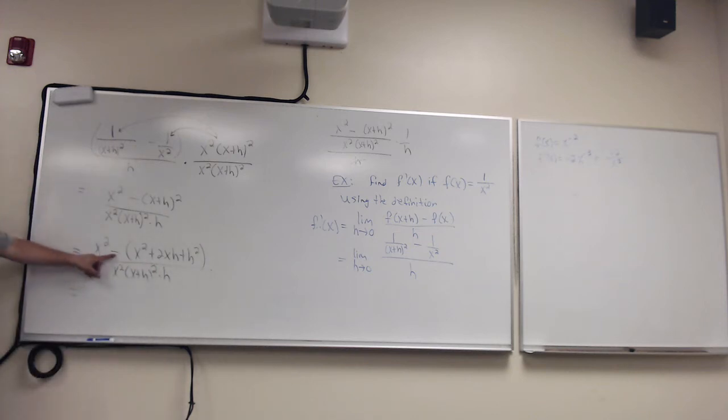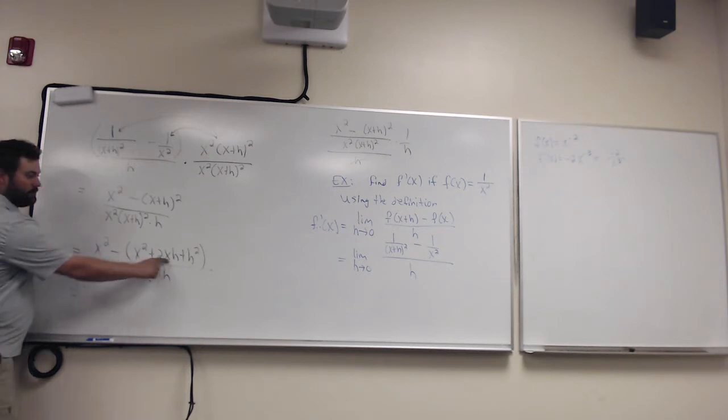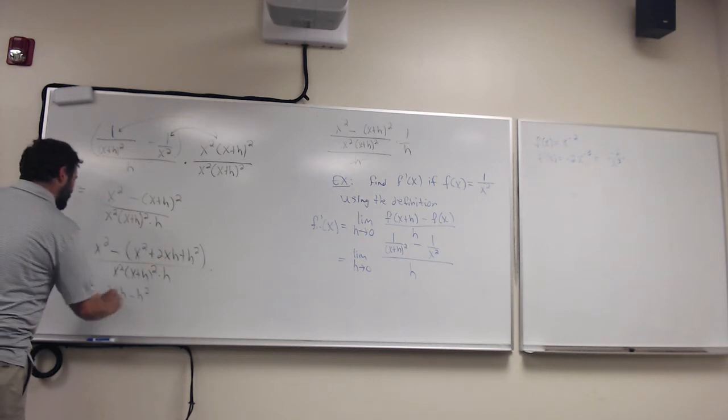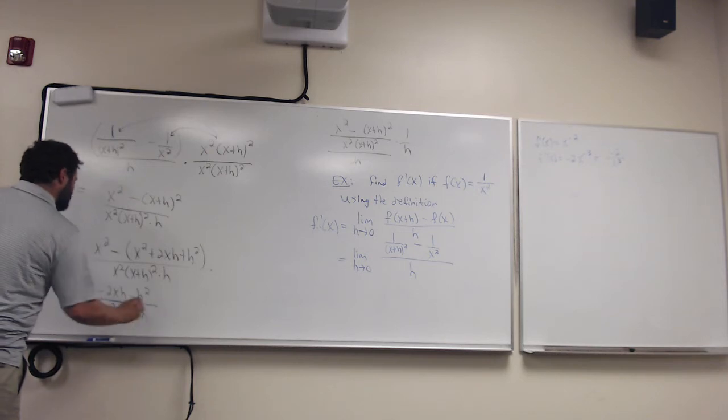And then now what can you do with the negative? You'll distribute it. Notice the x squared minus x squared will cancel. So you just have to distribute the negative to the second 2 terms. So you get minus 2xh minus h squared over x squared times x plus h squared times h.